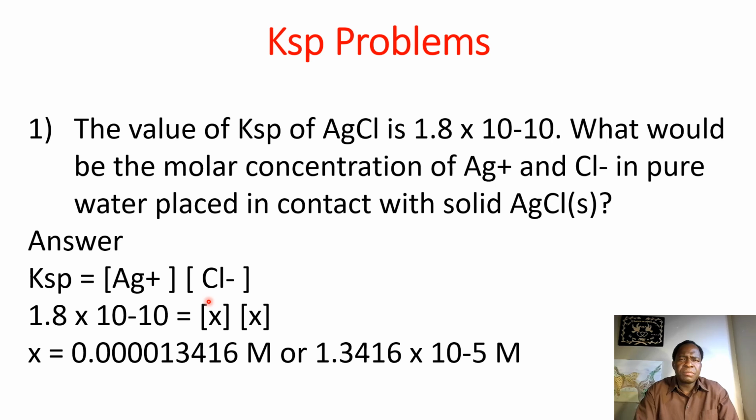So this is the Ksp formula. AgCl dissolving into Ag+ and Cl-. The Ksp can be calculated by multiplying the concentration of Ag+ times the concentration of the chloride ion. We know the Ksp, 1.8 times 10 to the power of minus 10.